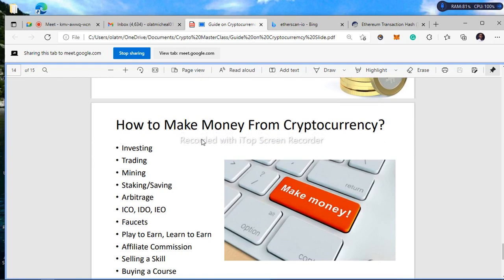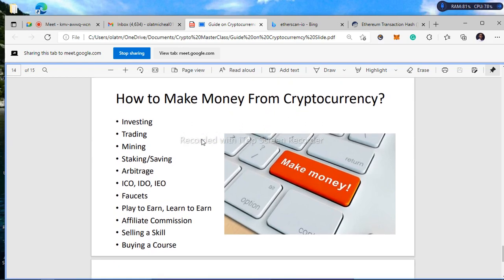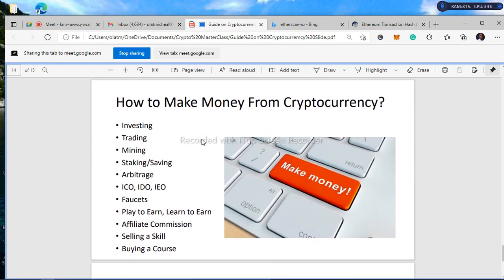Now, how do we make money from cryptocurrency? There are various ways of making money from cryptocurrency. First, we have investing and we have trading. Investing has to do with buying a particular cryptocurrency and holding it for a very long time, like a period of 3 months, 6 months, 1 year, 2 years, 3 years, and the likes.